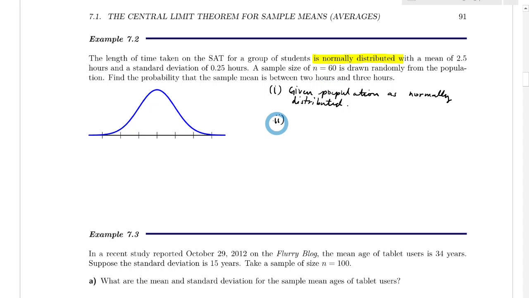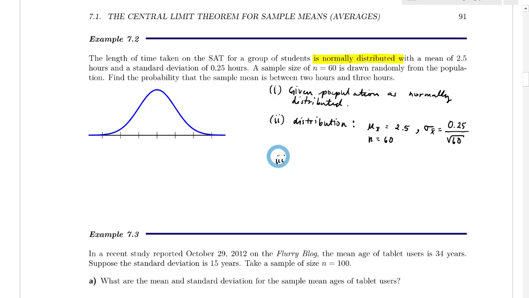The second thing we always want to do is note the distribution. That's always discussing the mean with respect to the random variable, which is 2.5, and the standard deviation with respect to the random variable, which is going to be 0.25 over the square root of 60, because remember the sample size is 60.